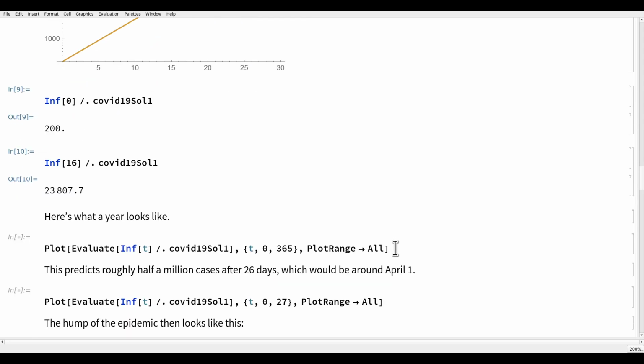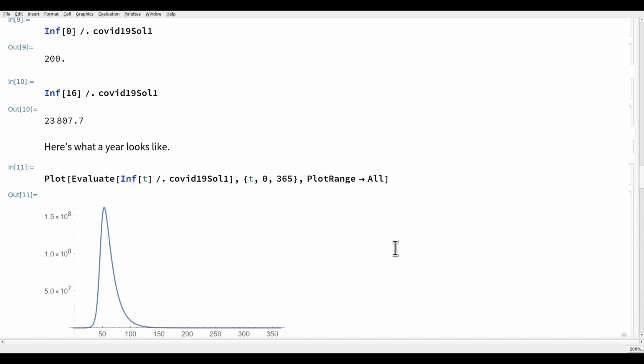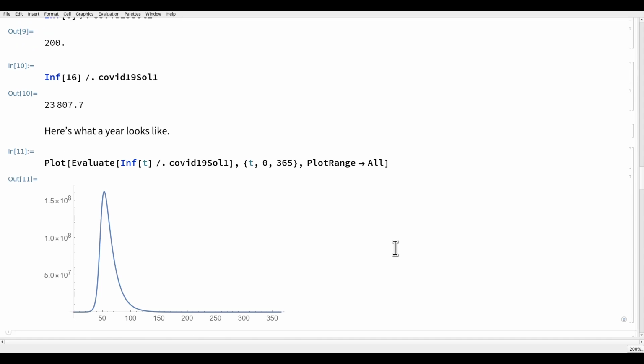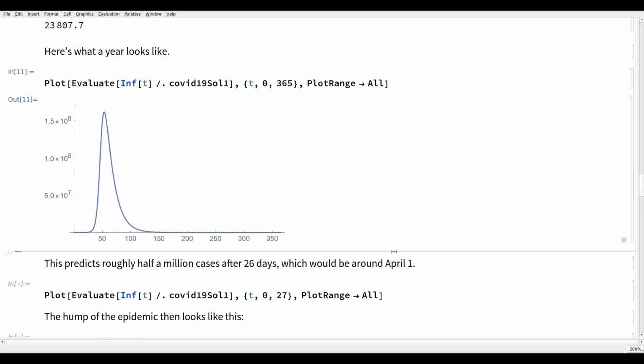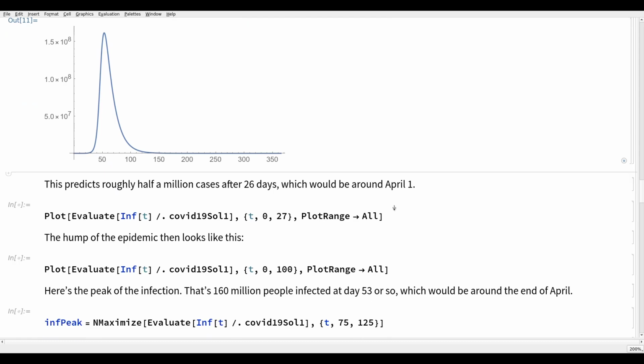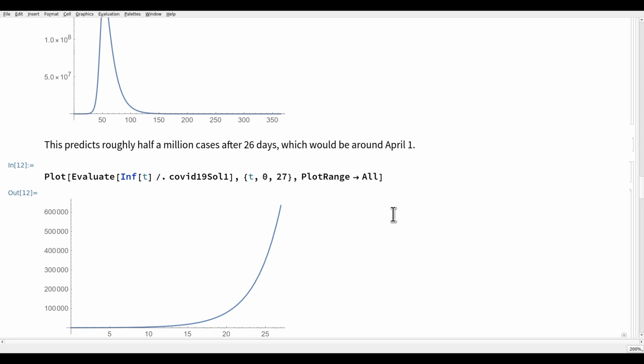Here's what a year looks like. That's a linear scale vertically and a full year. And if we zoom in a little bit, this is the initial increase. And you can see that around April 1st, it's looking like around 500,000.